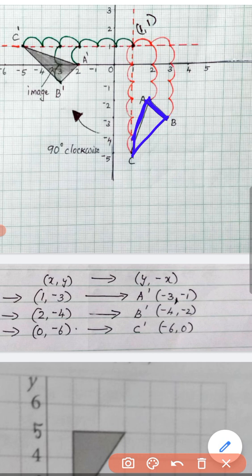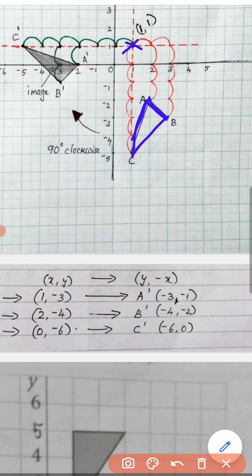Now children, we have to rotate this shape 90 degrees clockwise around the point (1, 1). This is the center of rotation. Okay, center of rotation is (1, 1).